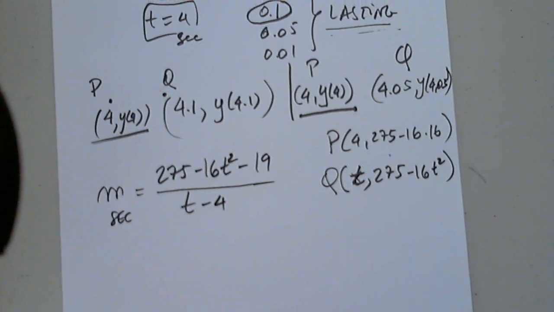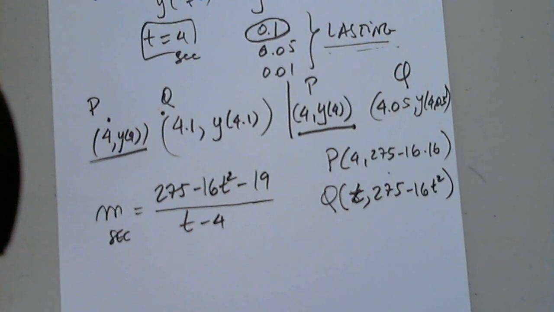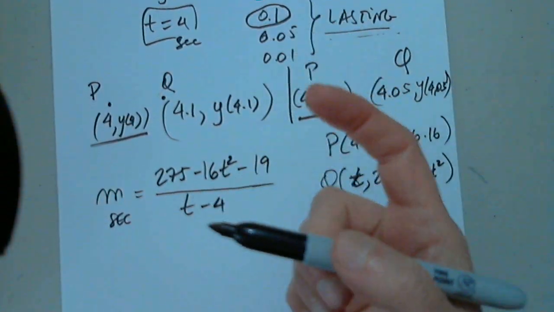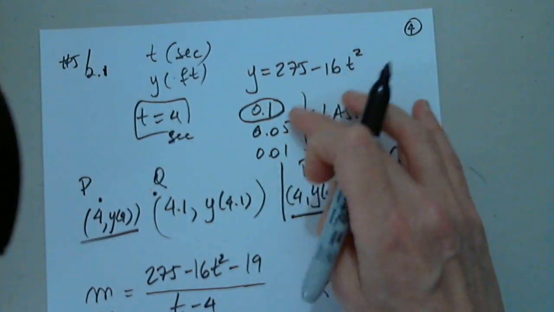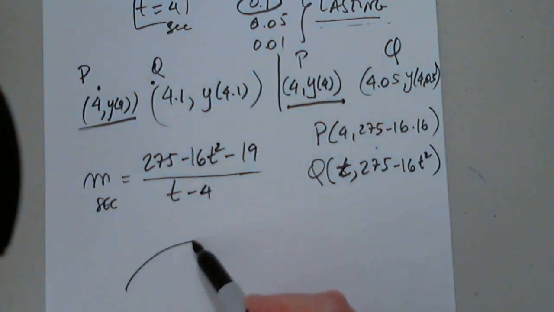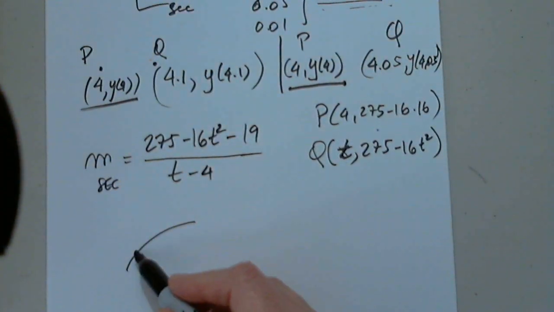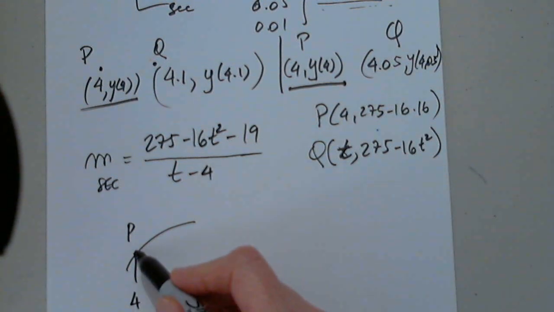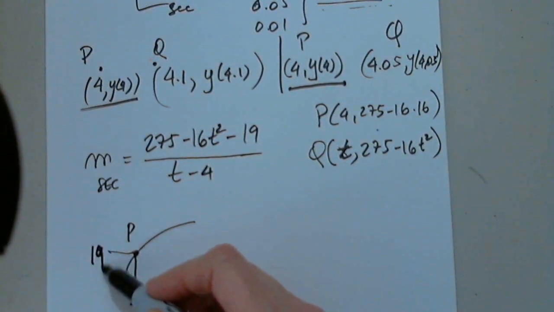Okay, wait, I kind of got confused. So you basically solved for y equals 275 minus 16t squared. So this function, assuming it's a quadratic function with a maximum, but let's say it's this function. We have P here, which has coordinates 4, comma 19. You understand that part, right?